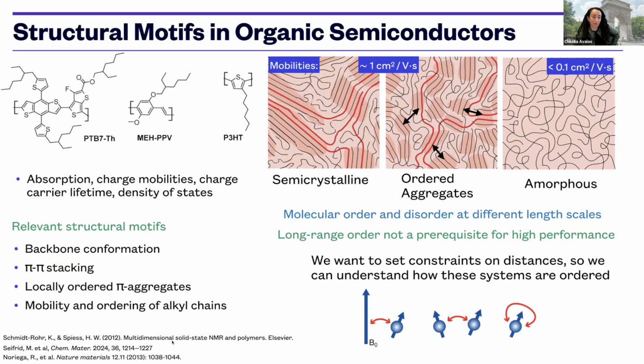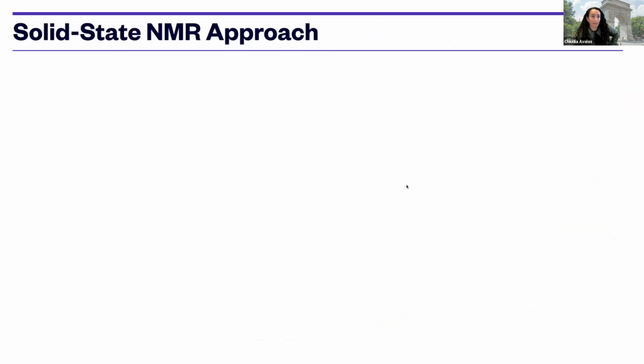If you're looking for more advanced solid-state NMR of polymers, a lot of the workhorse solid-state NMR experiments were developed quite a ways back. If you want to learn more advanced NMR sequences, you can go through Schmidt-Rohr and Spiess. They developed a lot of the techniques used in polymer physics NMR today.